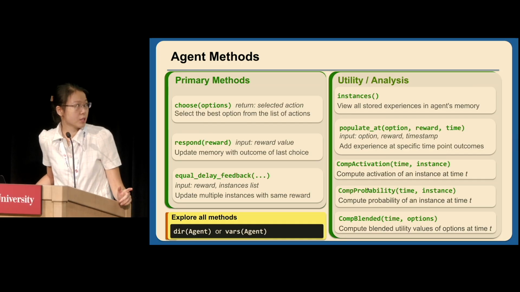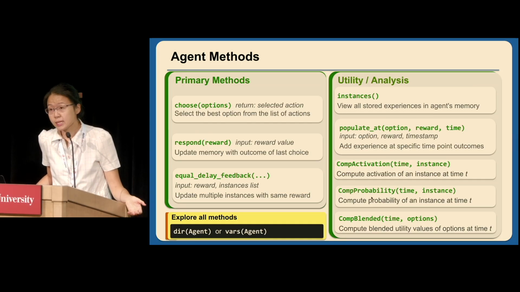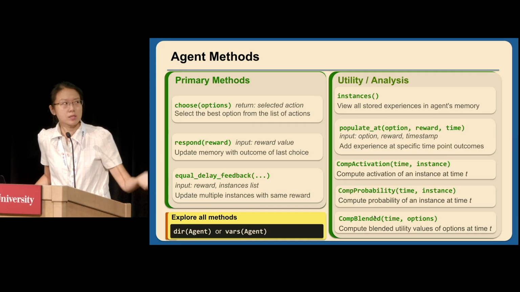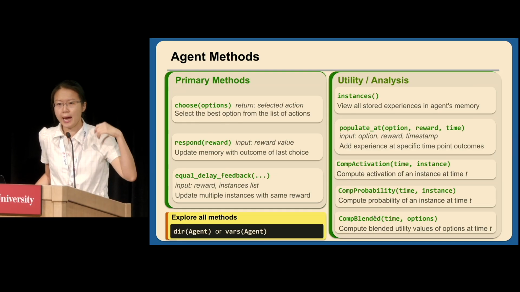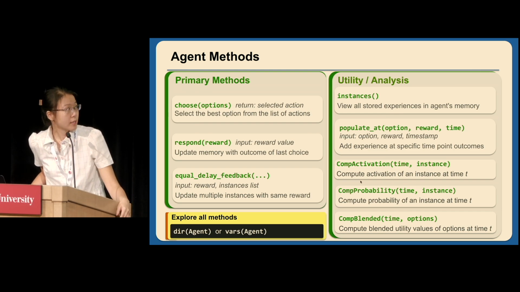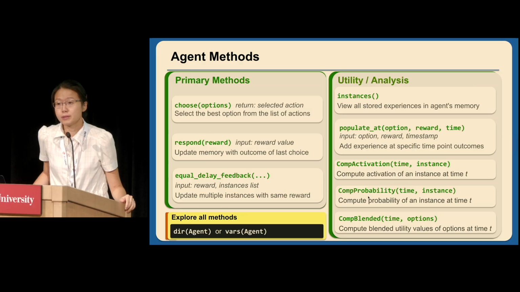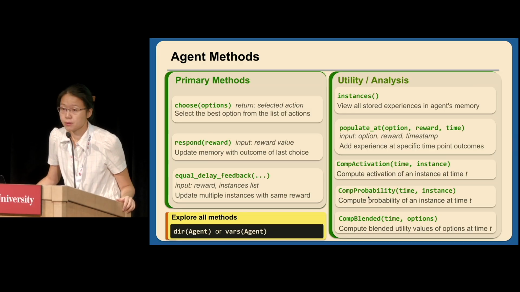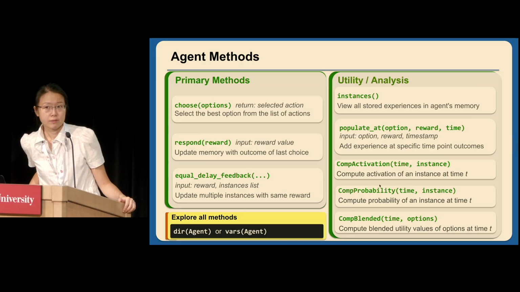Computational activation, compute probability, and blended values are three functions that can help you trace how activation is calculated, how the retrieval probability is calculated, and also how the blended value is calculated. So they are linked to the equations of instance-based learning theory that Coty introduced earlier.